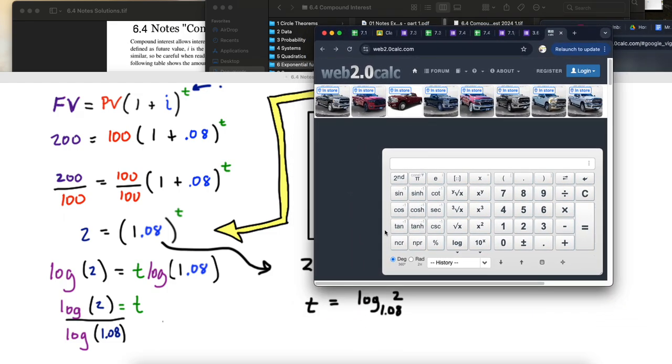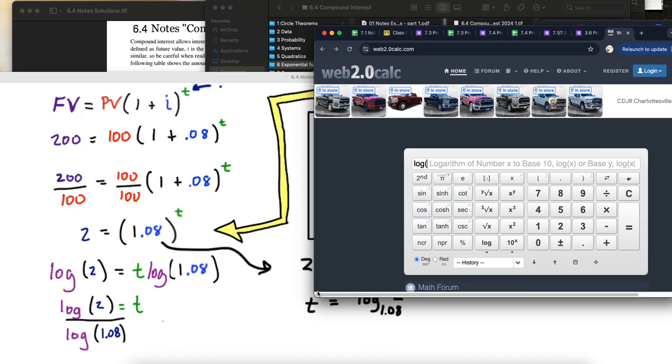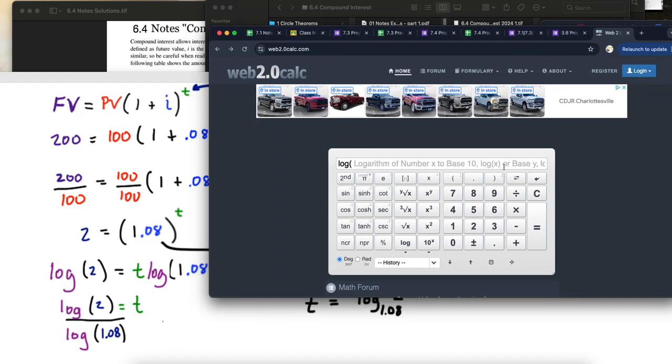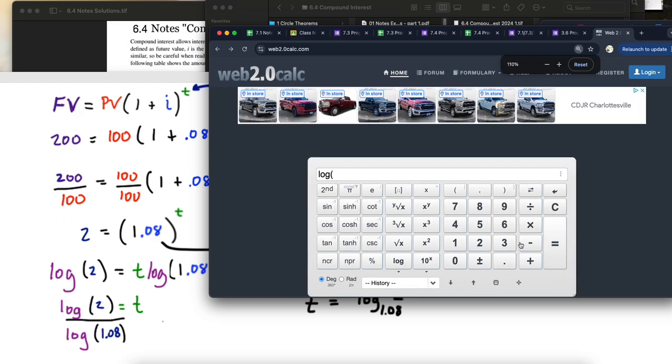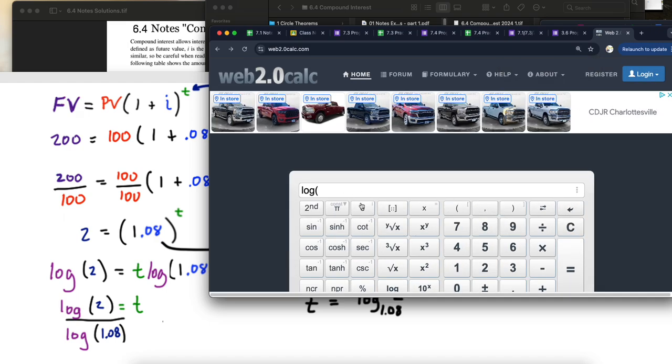I can show you how to do this in a calculator too. I'm going to say log. It says logarithm x to base 10, or there's another way we can do this on here. I'm just trying to remember.